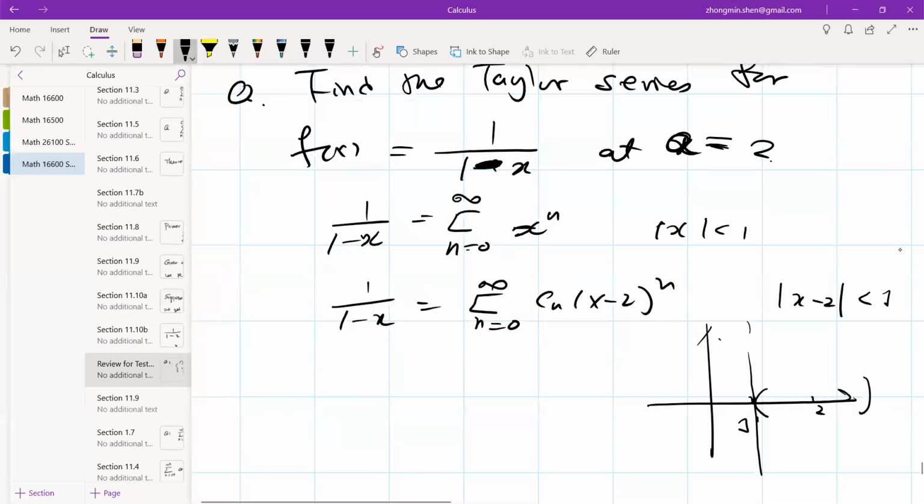You shouldn't find the derivatives of the function to solve the problem. So what you're going to do is let u be x minus 2, and x is going to be u plus 2. So you plug in.